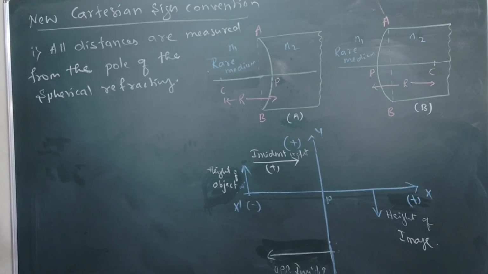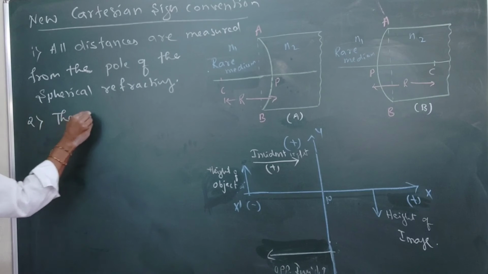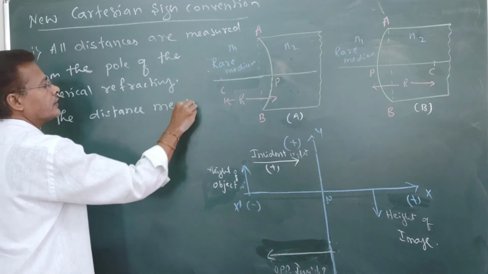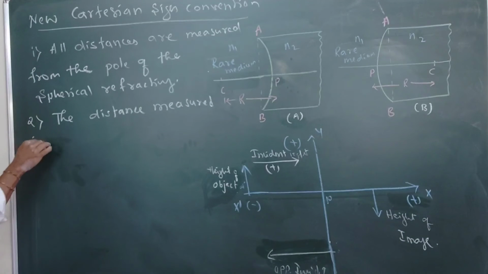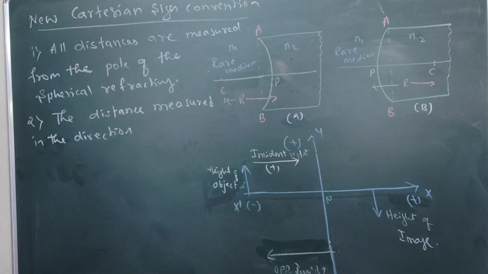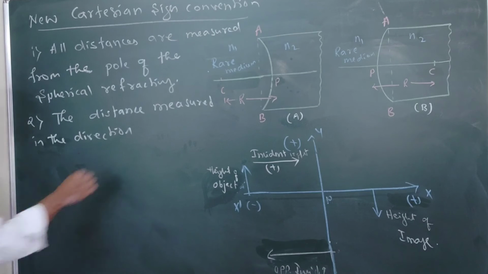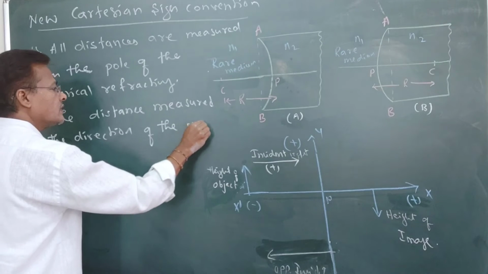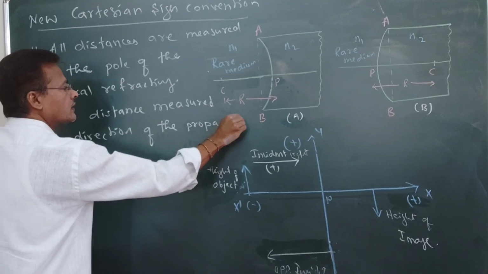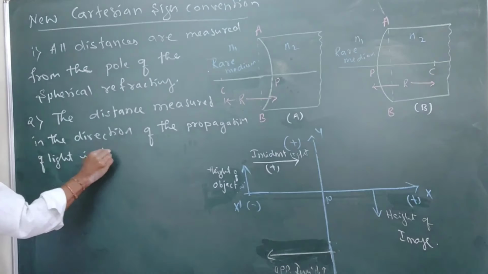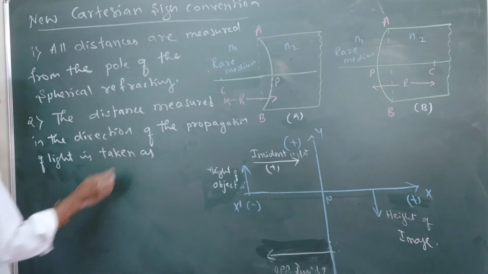The second point I am going to write down: the distances measured in the direction of the propagation of light are taken as positive.